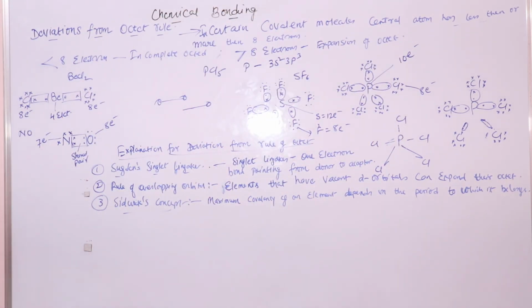If it belongs to the second period, it can show a covalency of 4. If it belongs to the third or fourth period, it can show a maximum covalency of 6. And for higher periods, periods greater than 4, it is equal to 8.